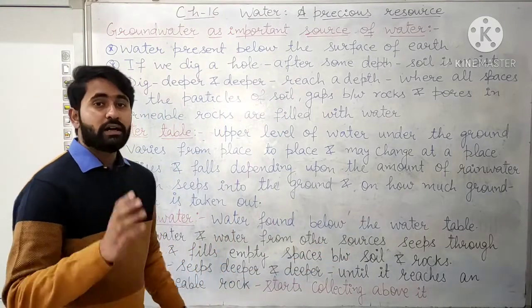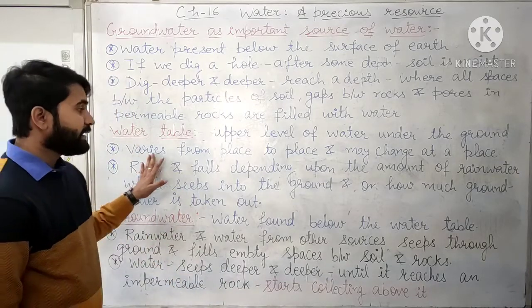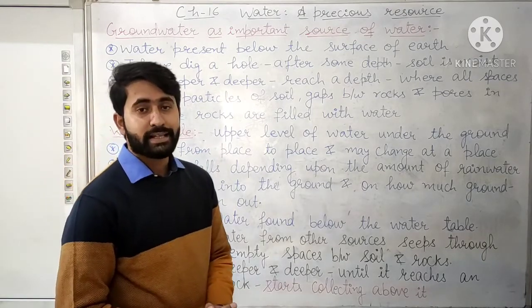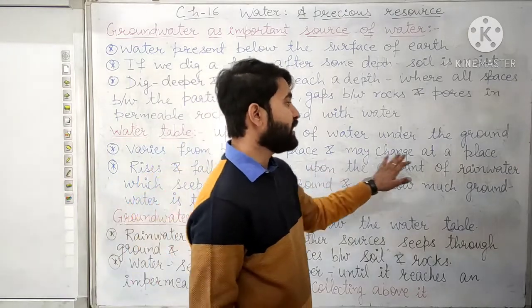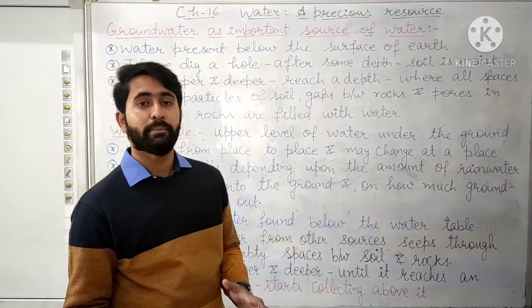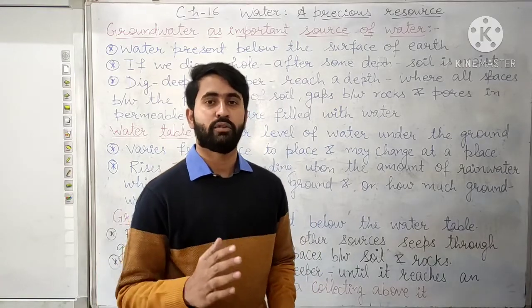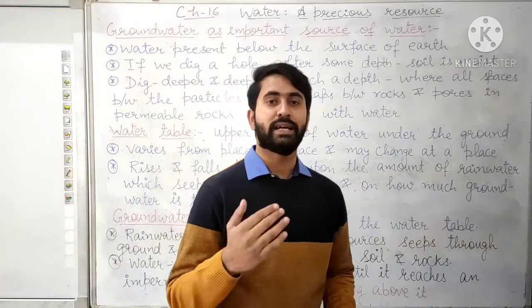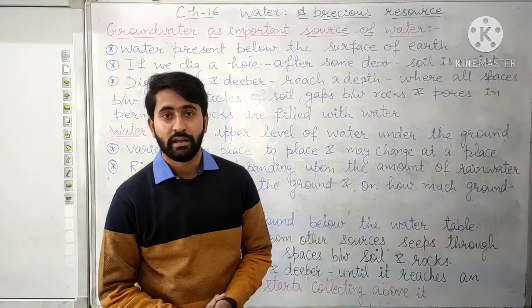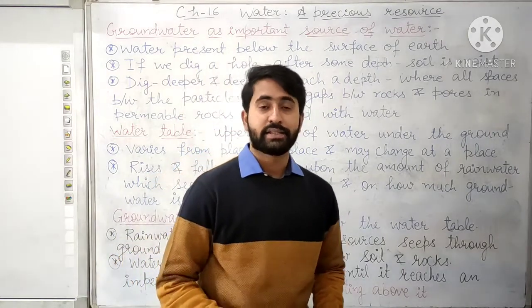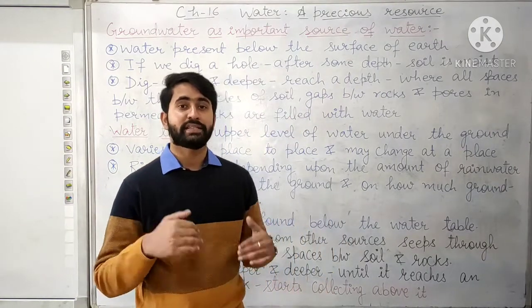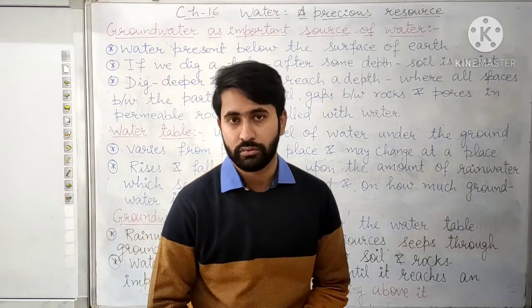The water table varies from place to place and it may change at a given place over a period of time. For example, at some places the water table may be at a depth of less than a meter, whereas at other places the water table may be several meters below the ground.